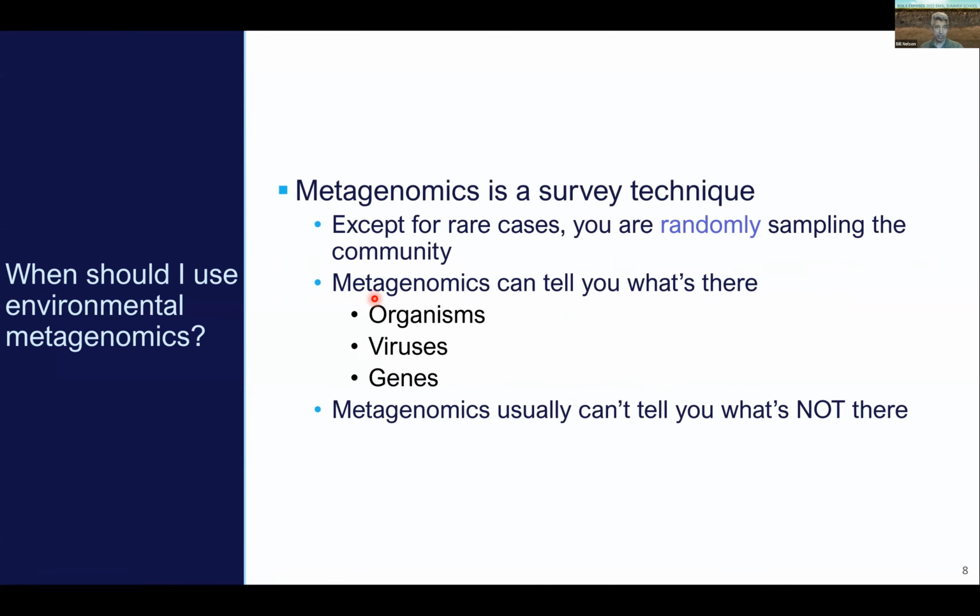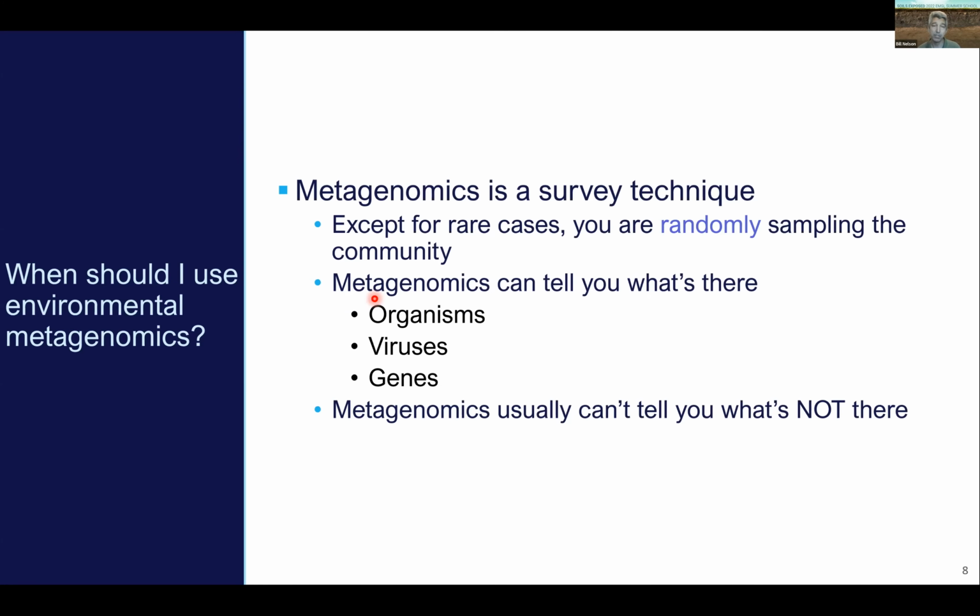So you should remember that metagenomics is a survey technique. Except for rare cases, you are just going to be randomly sampling your community. If you happen to be in an incredibly simple community, an extreme environment where there's only a few organisms present, like acid mine drainage, then yeah, metagenomics is probably going to capture everything that's present in your community.